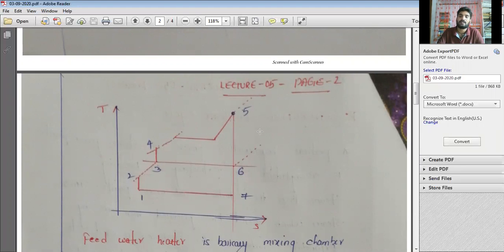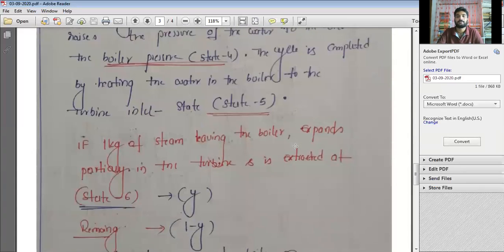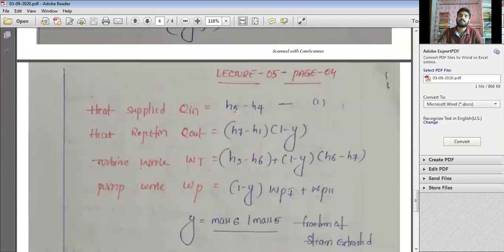Based on this, I can write the equations in terms of enthalpies. Heat supplied Q1 or Qin is equal to H5 minus H4. Heat rejection Qout is equal to H7 minus H1.